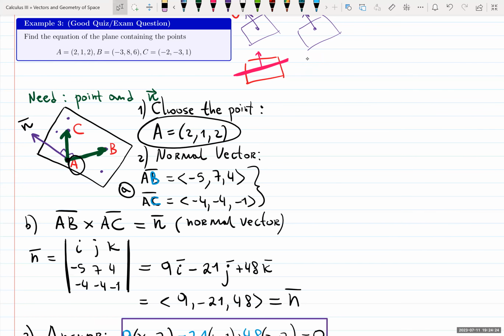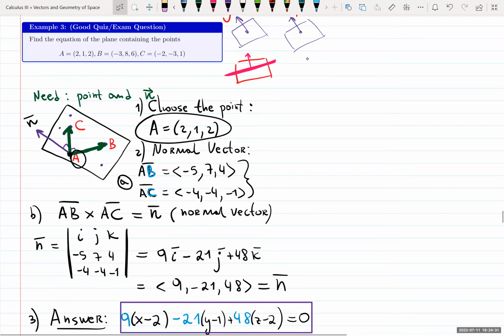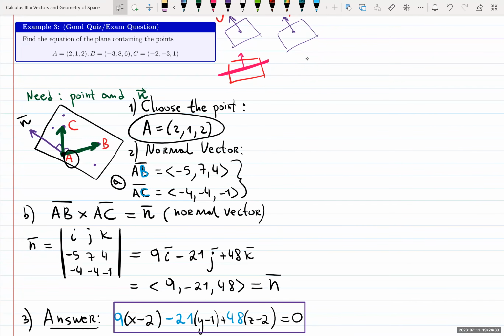So these questions, if you have 3 points, you know what to do, right? You must know this problem. We also like to put it on the final exam. You have 3 points. How to figure out the plane? Choose any point as the starting point. From there, create 2 vectors, that's your A and that's your B. From there, find the cross product.